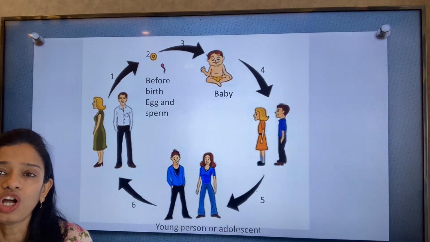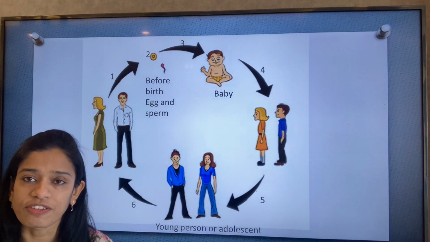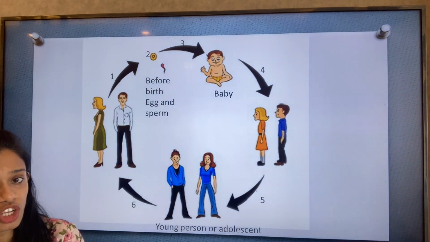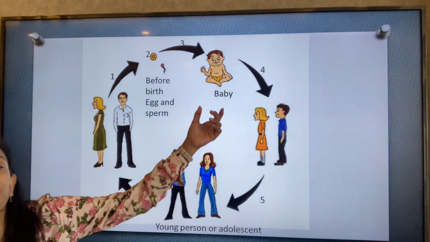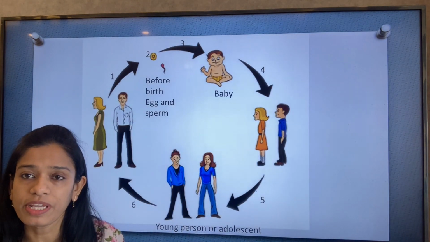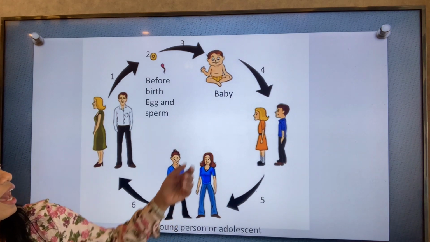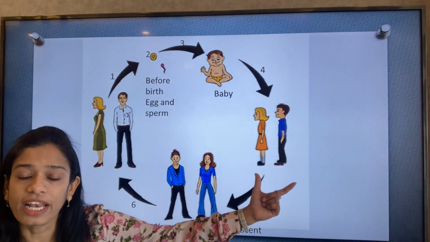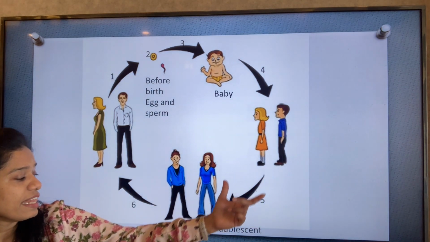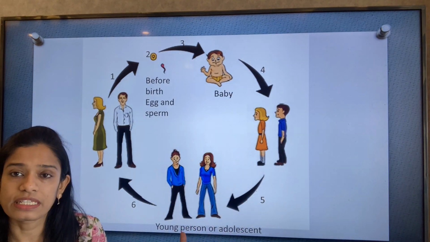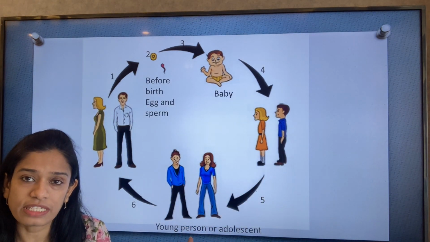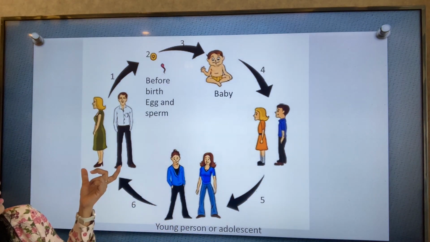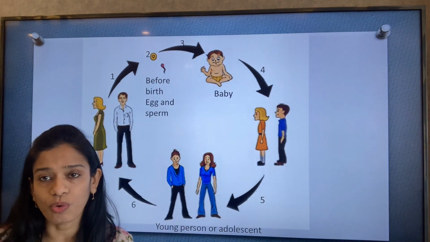Moving on to the changes that we see. That is the life cycle of a human being. This is a baby, a small baby after birth, and slowly they become a child, then a kid, then they reach the age of adolescence, then they become adults, and finally they grow old.